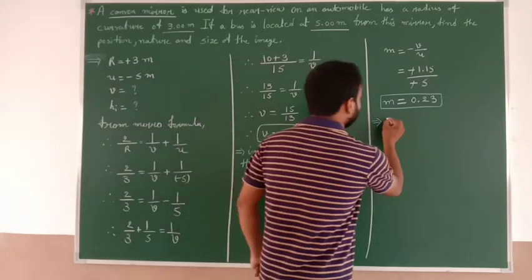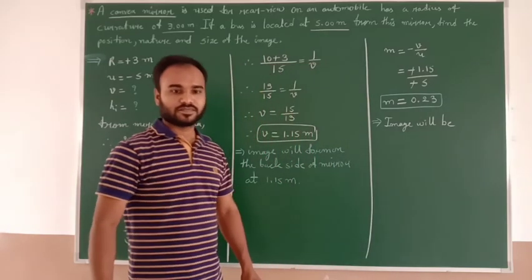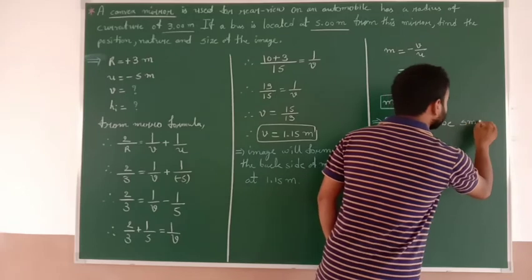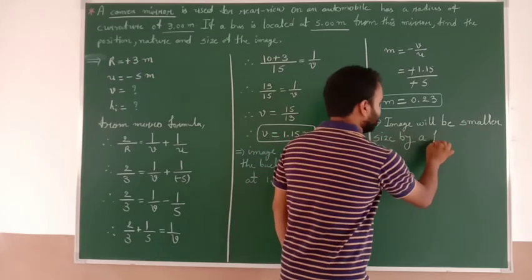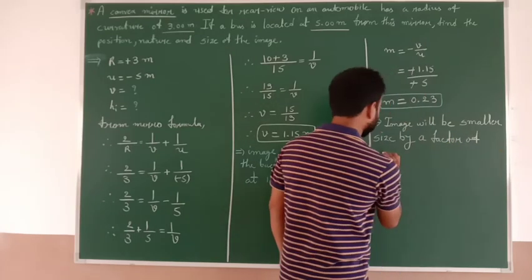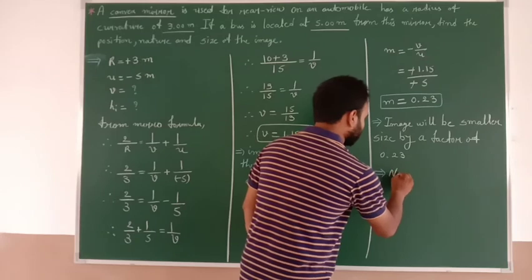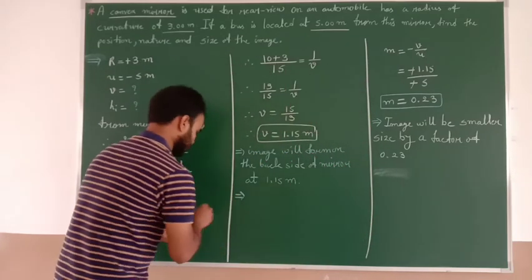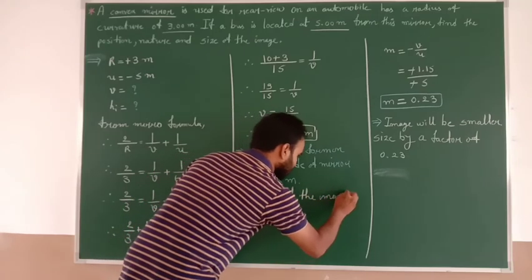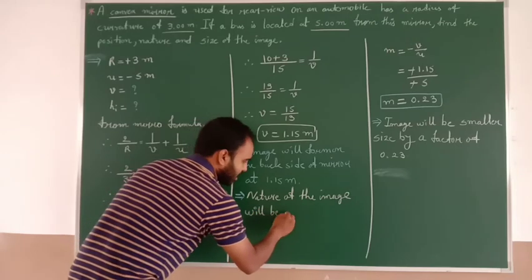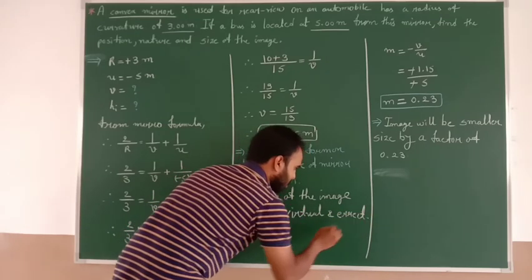We'll write here that the image will be smaller in size, by a factor of 0.23, and the nature of the image will be virtual and erect.